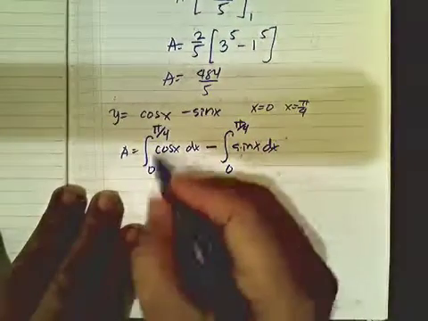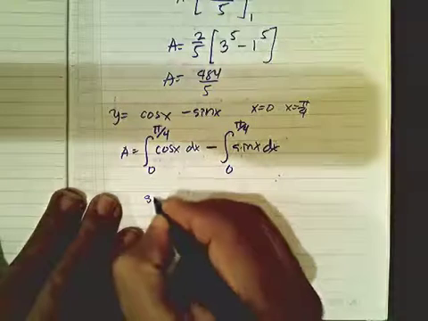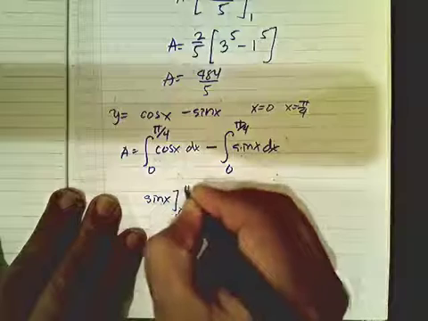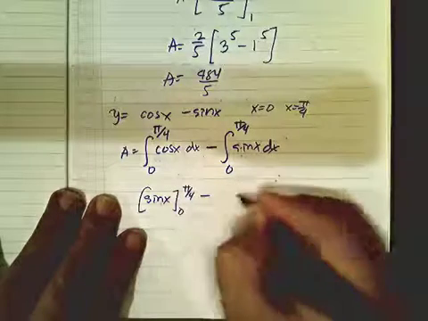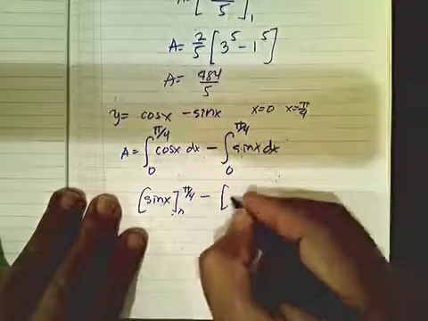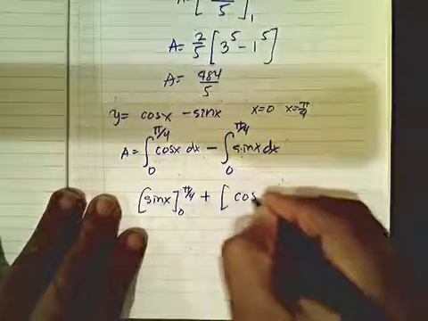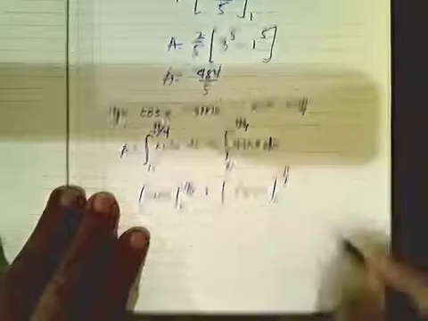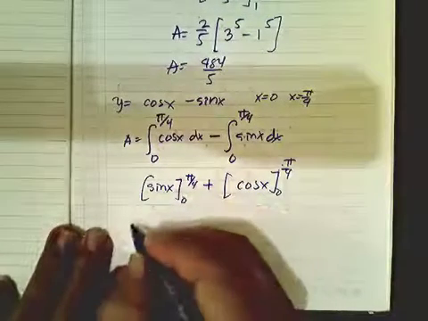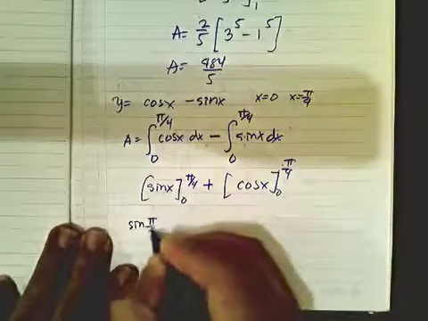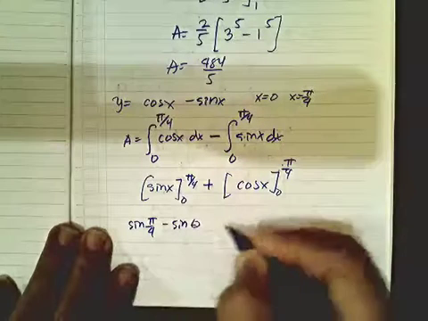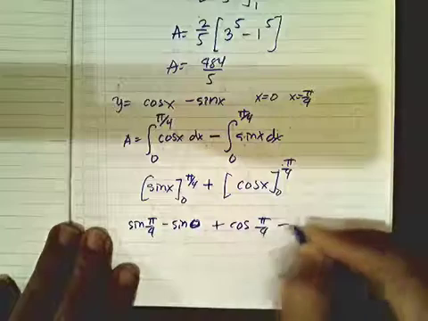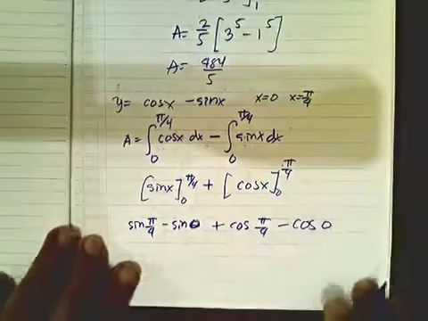Alright, so the integral of cosine x is sine x, and that is from 0 to pi over 4, minus the integral of sine x, which is negative cosine x, so that's going to be plus cosine x there, from 0 to pi over 4. So what we're going to do is to plug in sine pi over 4 minus sine 0, plus cosine pi over 4 minus cosine of 0.